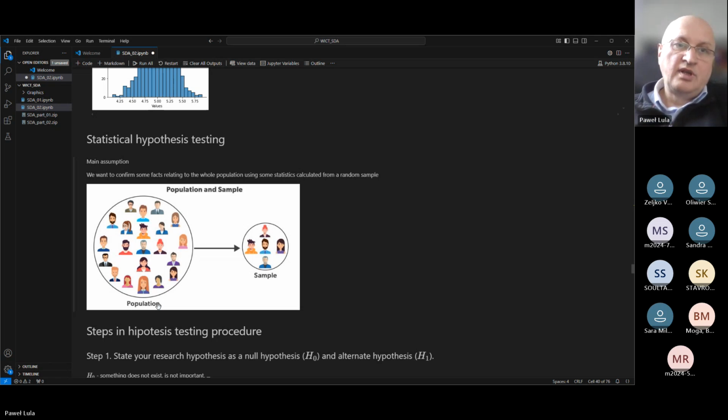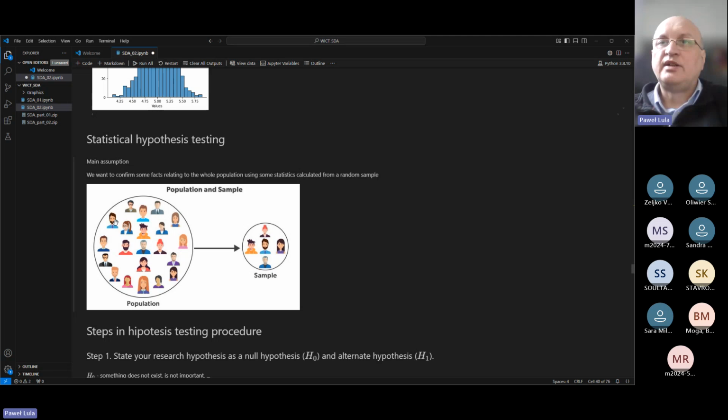So to conclude, the main goal of statistical hypothesis testing is to verify some statements about the whole population in the situation when it is not possible to conduct calculations using data describing the whole population, but it is only possible to select randomly a sample from this population to perform some calculation using this sample and use these results of this calculation to say if our hypothesis concerning the whole population is true or not.